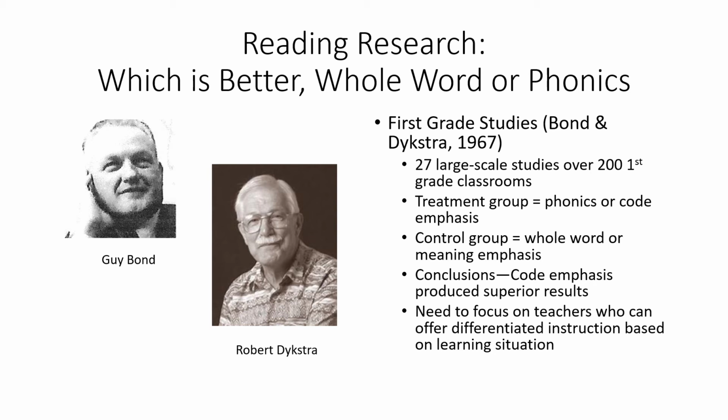They would have a treatment group which used a phonics or code emphasis program, and a control group which used whole word or a meaning emphasis program. And all of these studies came to the same conclusion. Code emphasis produced superior results to the meaning emphasis programs.